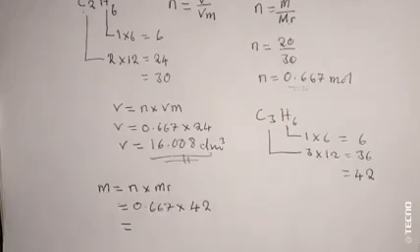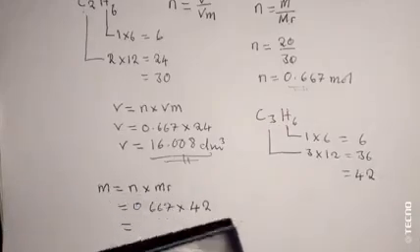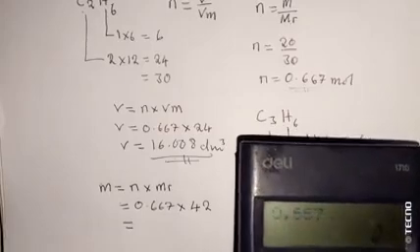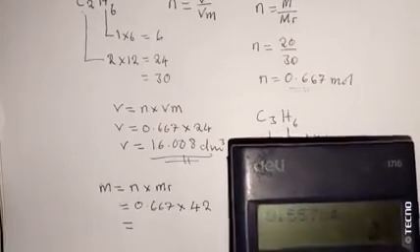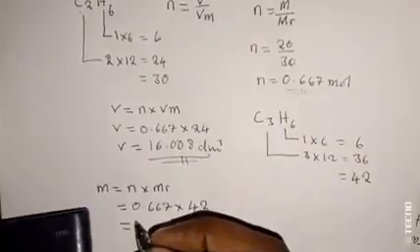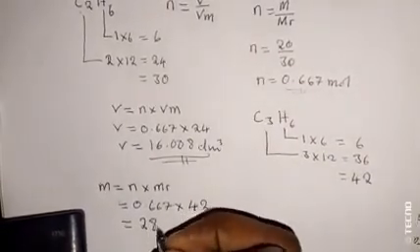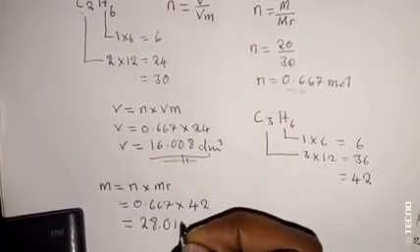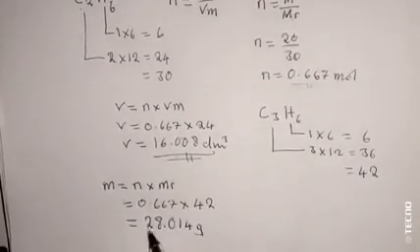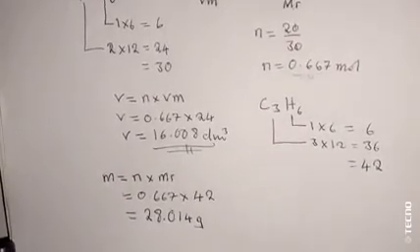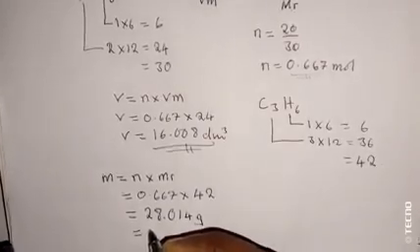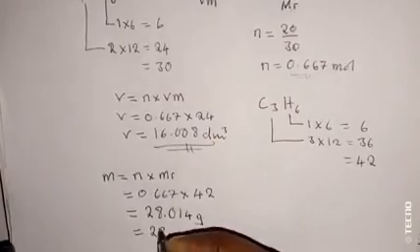So what is the answer? 0.667 times 42. This is the answer that I'm getting, which is 28.014 grams. To round off this answer to the nearest gram, it will be 28 grams.